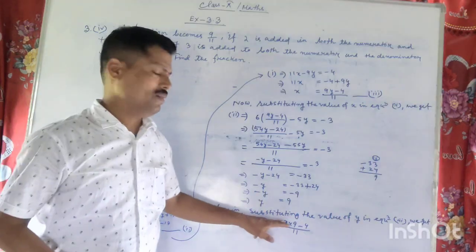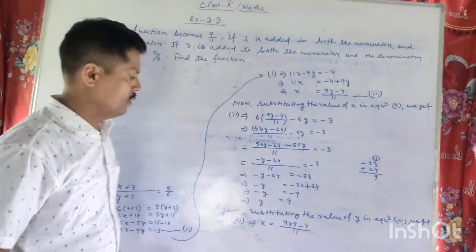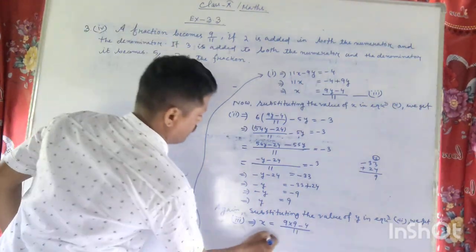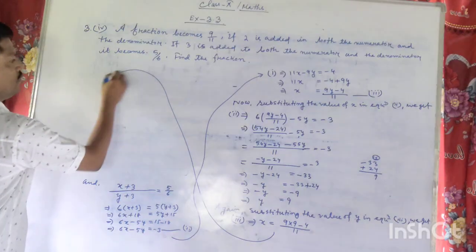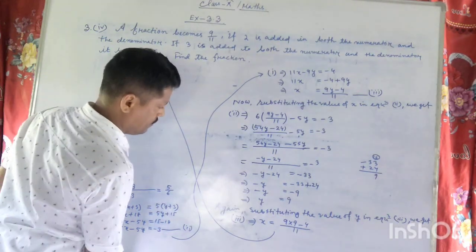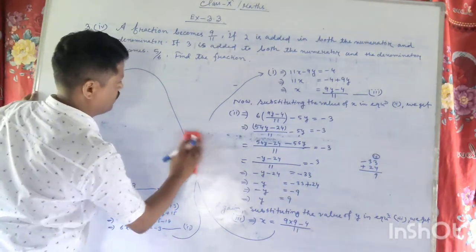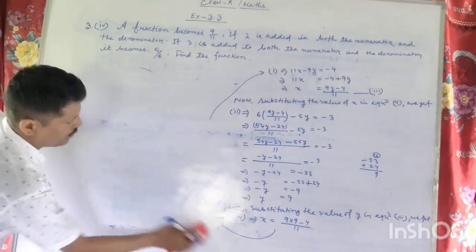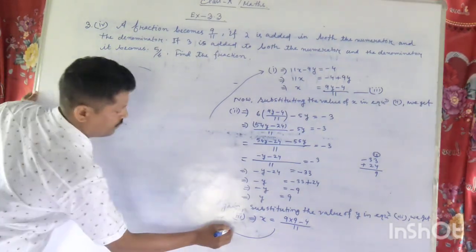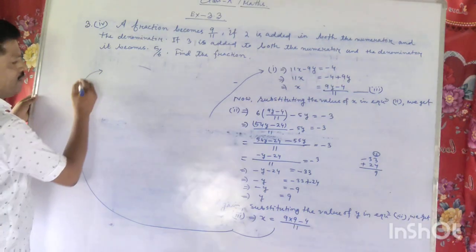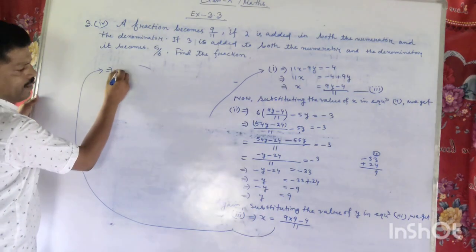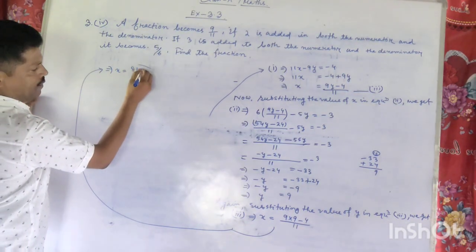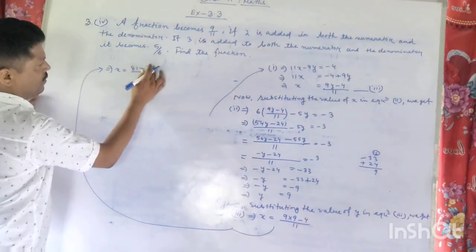So 9 times 9 is 81. So x is equal to 81 minus 4 by 11.